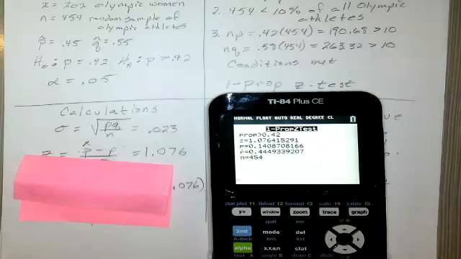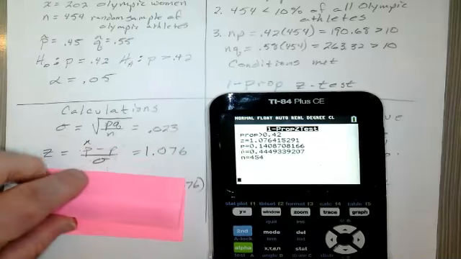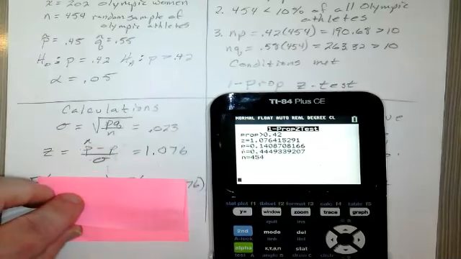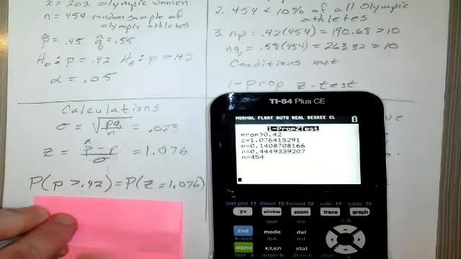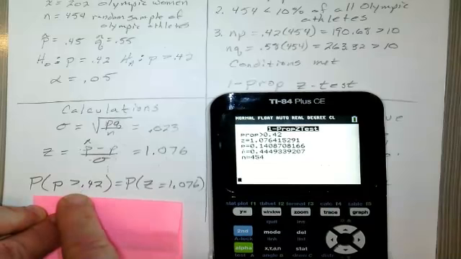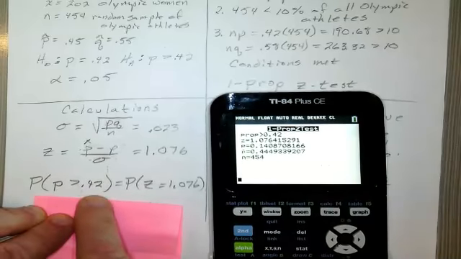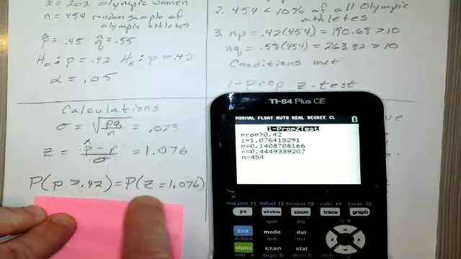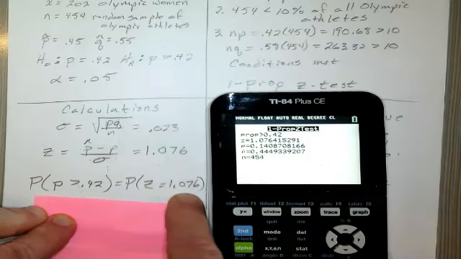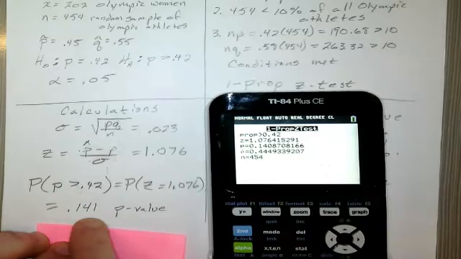I'm going with this number though, and I'm moving right along with it. And so the probability of p-hat being greater than 0.42 is the same as the probability of z being greater than 1.076, and that p-value is 0.141.